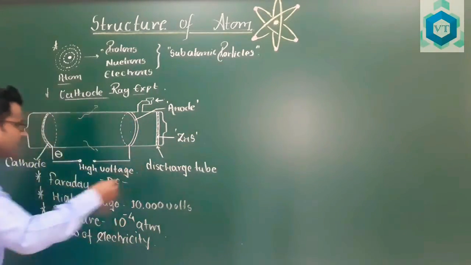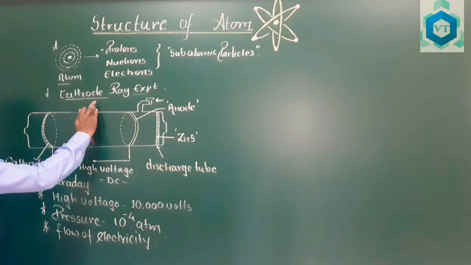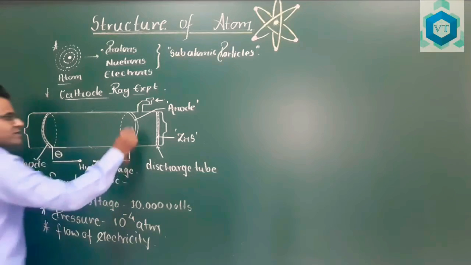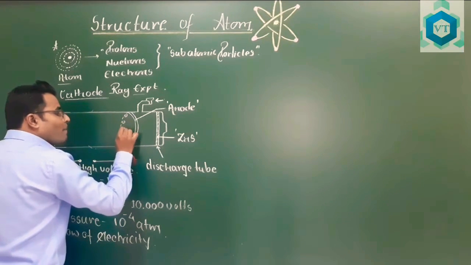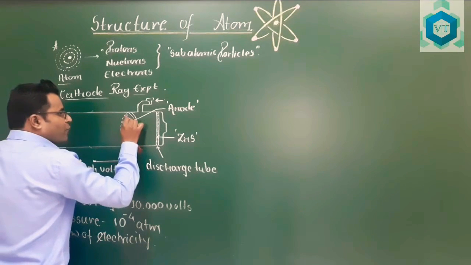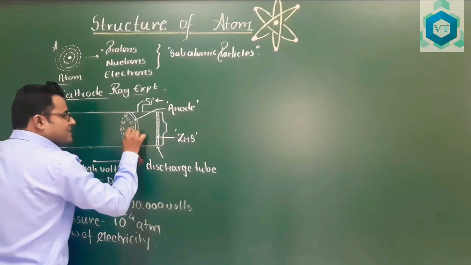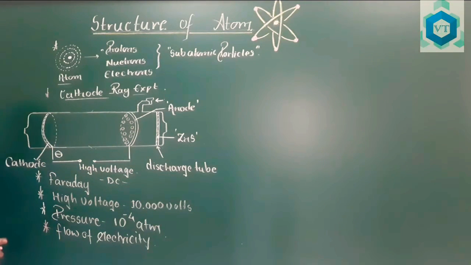So, in order to continue with this experiment, what Faraday did was he made this anode perforated. Perforated in the sense that this metal has holes.